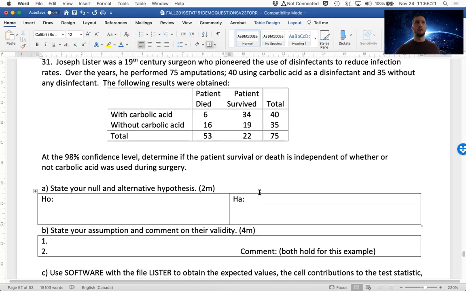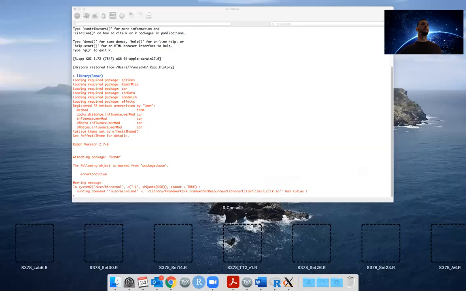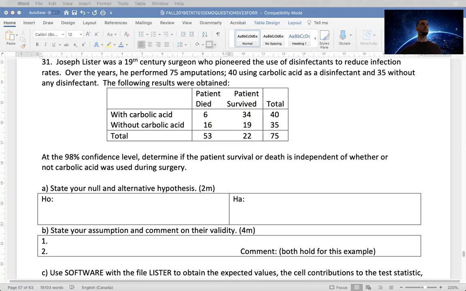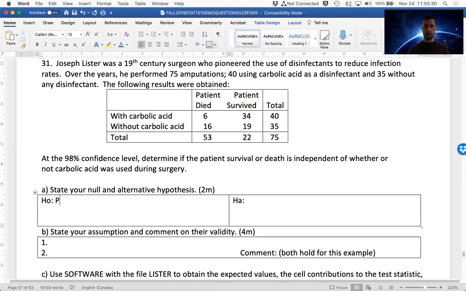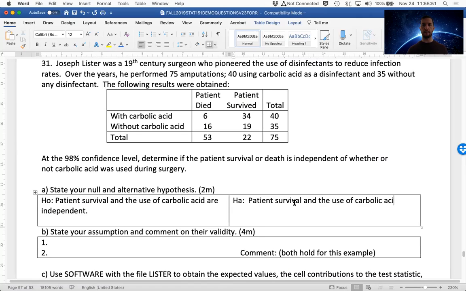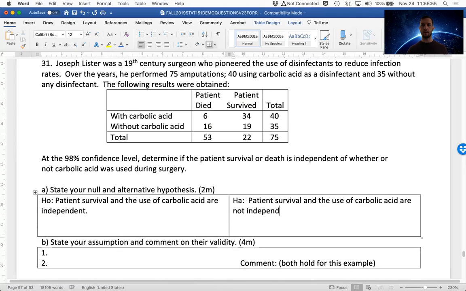So our null hypothesis here is that patient survival and the use of carbolic acid are independent, versus the alternative, patient survival and the use of carbolic acid are not independent.